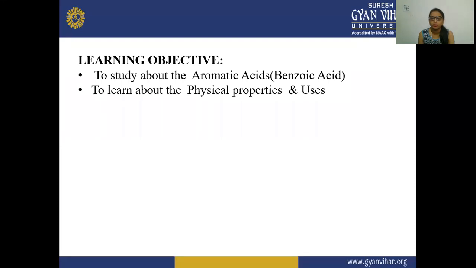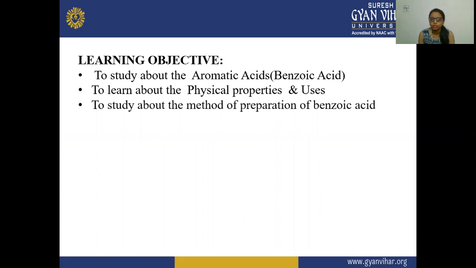We will learn about its physical properties and uses, and also its methods of preparation: how benzoic acid is prepared on the industrial scale and on the lab scale, what its physical and chemical properties are, what its color, shape, and odor are, and what the uses of benzoic acid are. This is our learning objective for this topic.